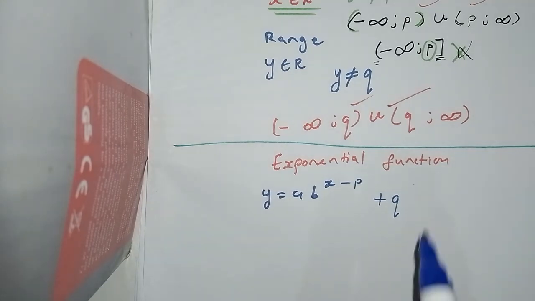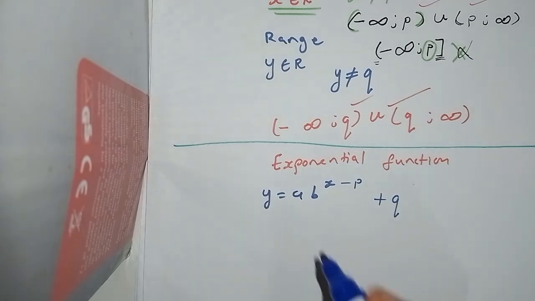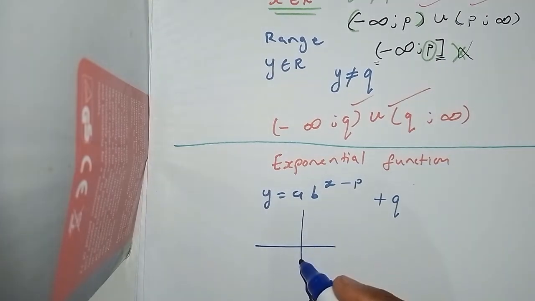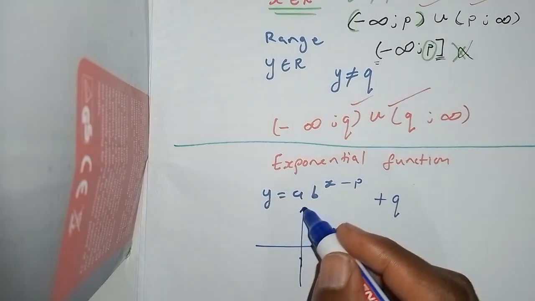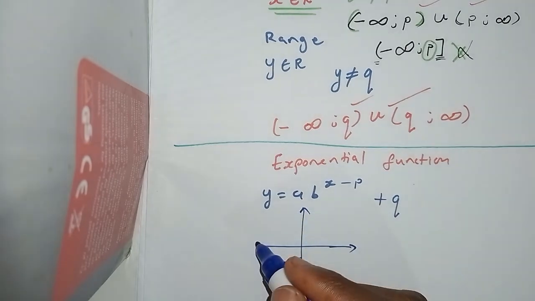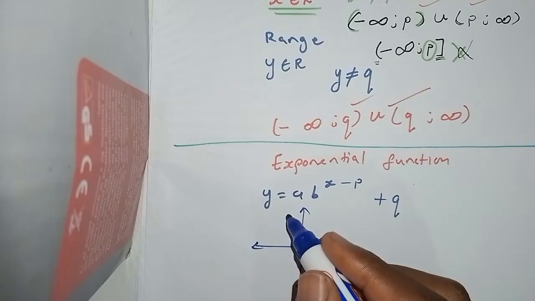I know q is my asymptote. In this case, we only have one asymptote, which is q. And if I have my set of axes like that, then the original graph will just move like this.